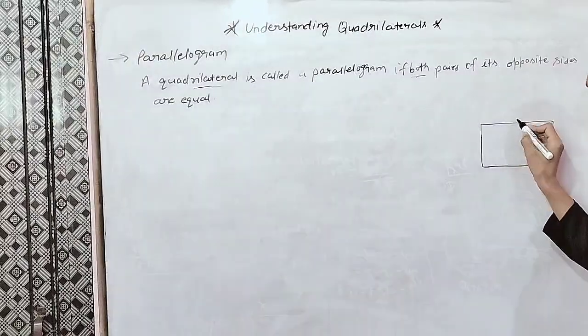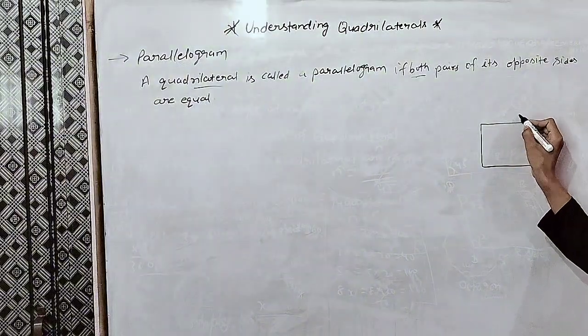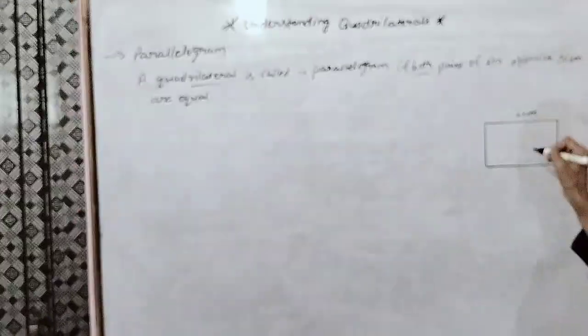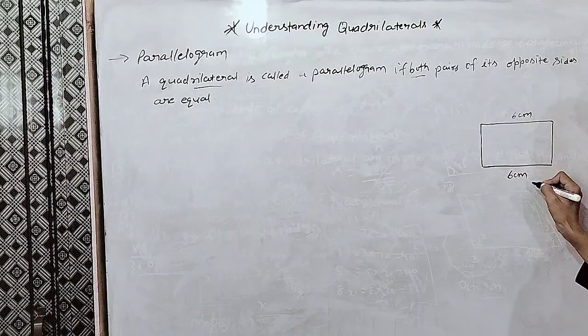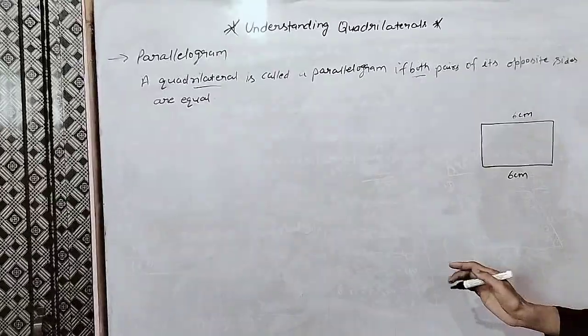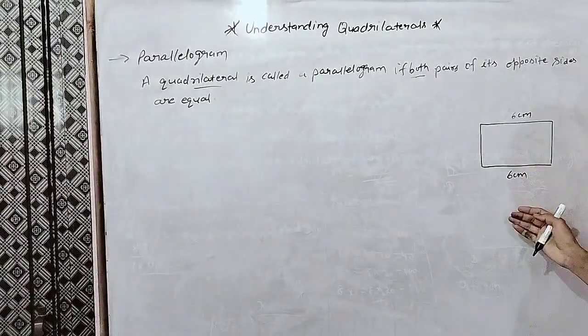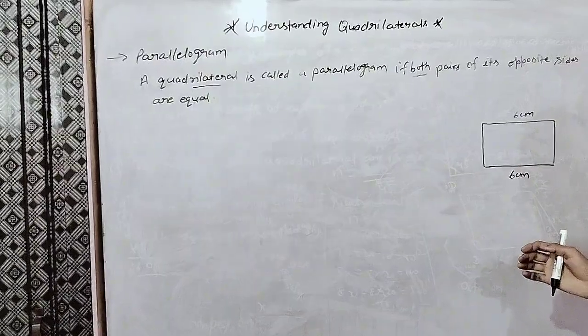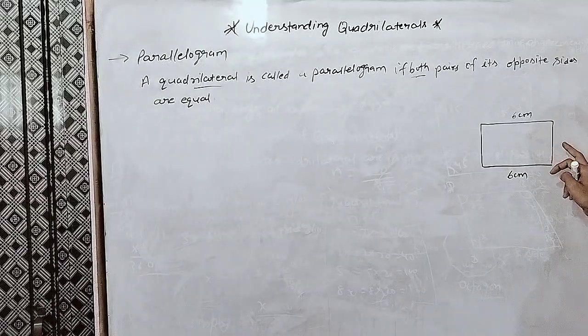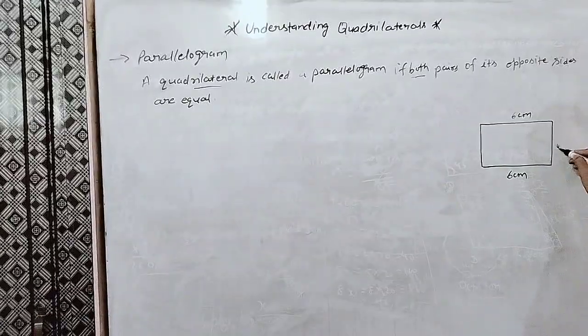The measure of this side is 6 centimeter, so the measure of the side opposite to it will be how much? 6, as well. This is the meaning of a parallelogram. Let's suppose the measure of this side is 4 centimeter.